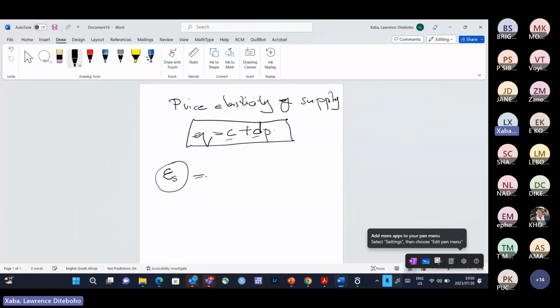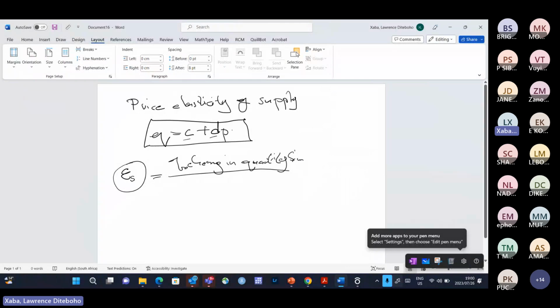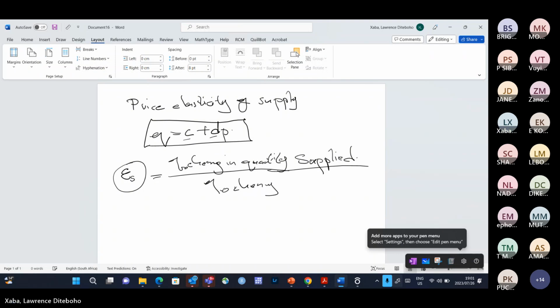It equals the percent change in quantity supplied divided by the percent change in price.